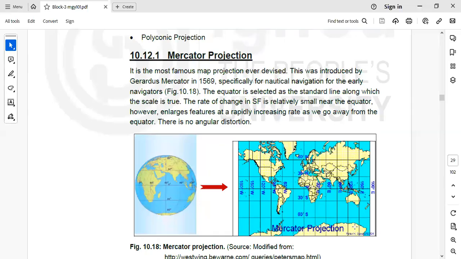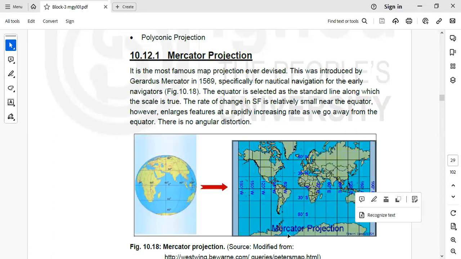In the Mercator map projection, the scale is true along the equator, that is 0° latitude. And this map projection is used to represent features in both the northern and southern hemispheres from 0° to 80° north and south.